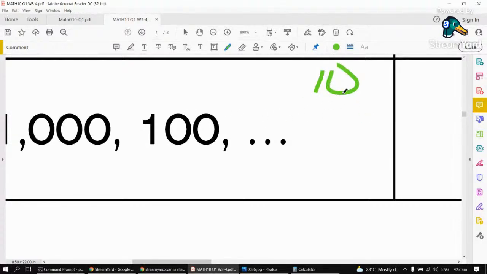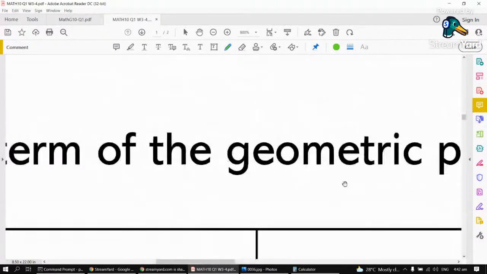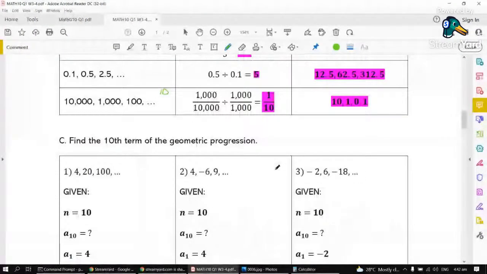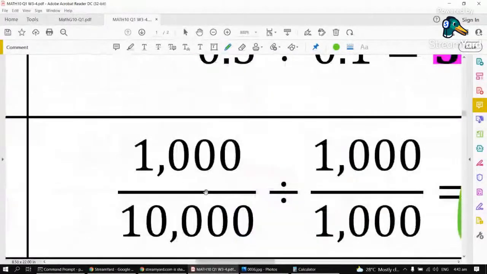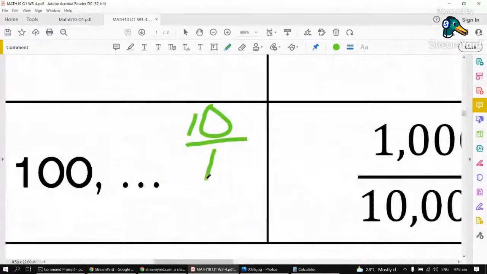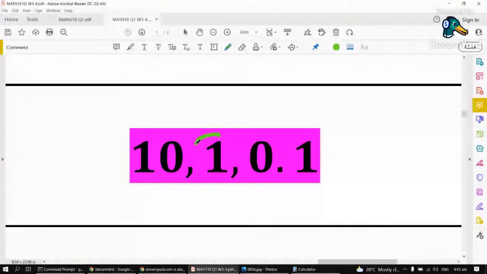So, 10, itong 10 na to, times the common ratio 1 over 10. Ang ibig sabihin nun is di-divide lang natin to ng 10. So, 10 divided by 10, that's equal to 1.